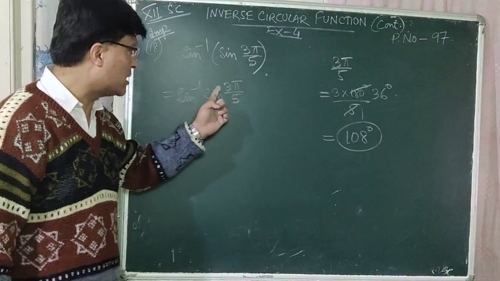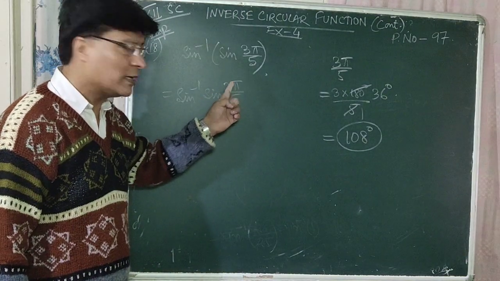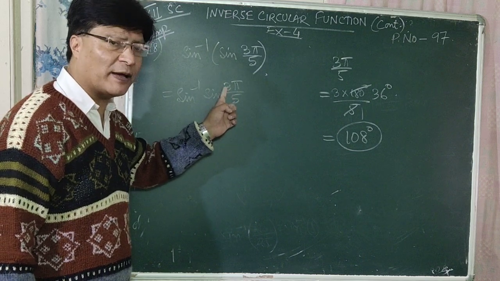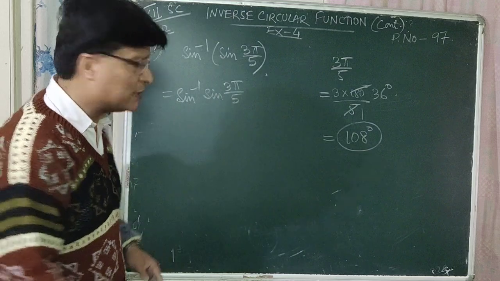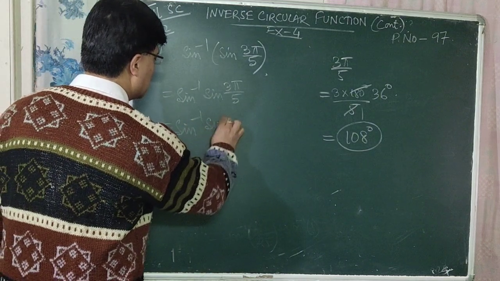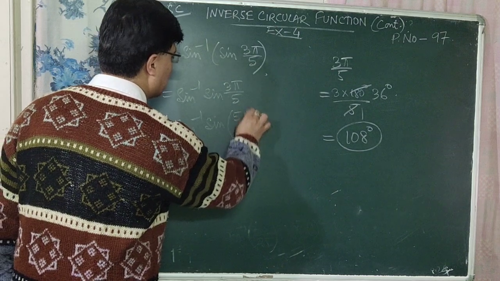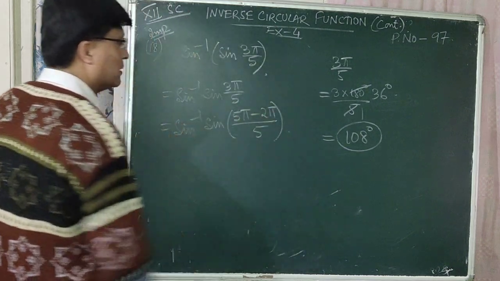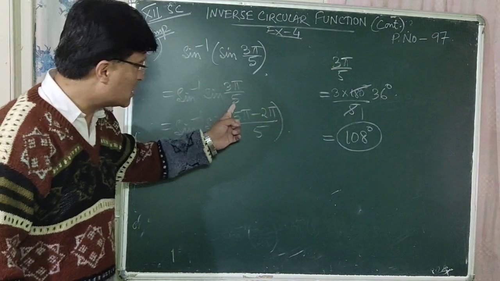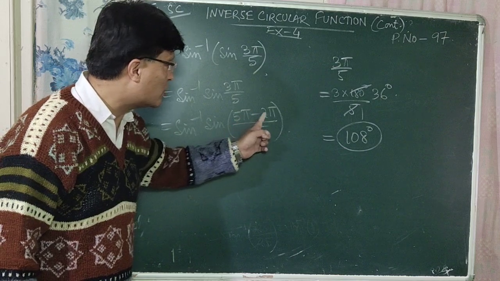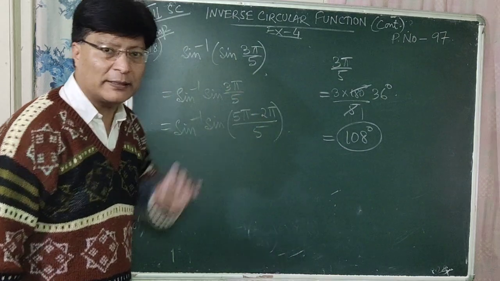Now since this is 3 pi and there is 5 here, in the numerator can you write 5 pi minus 2 pi? You can write it. So it is equal to sine inverse sine within bracket 5 pi minus 2 pi, and below in the denominator there is 5. So 5 pi minus 2 pi.